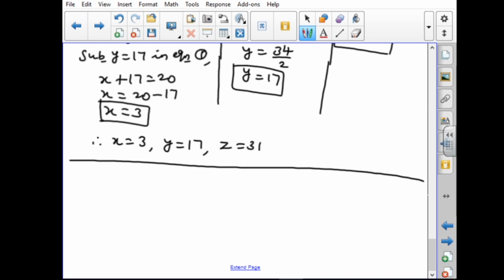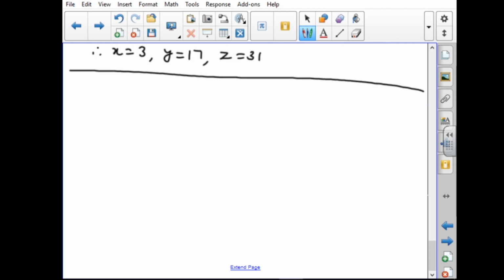Next, 10th sum. In a theatre, there are 20 seats in the first row. We have to assume that this is the first row. Here, 20 seats will be allotted.